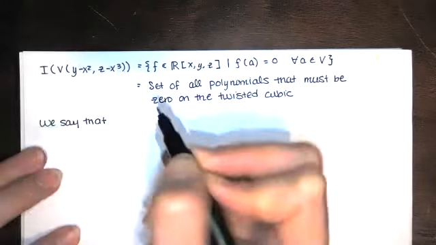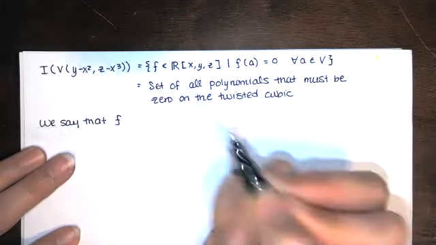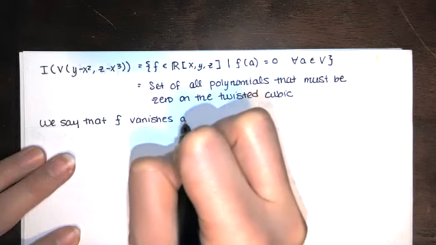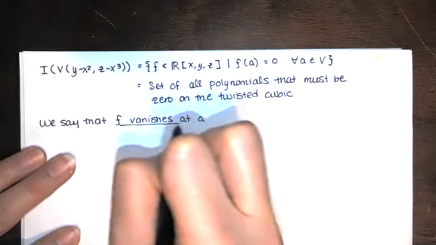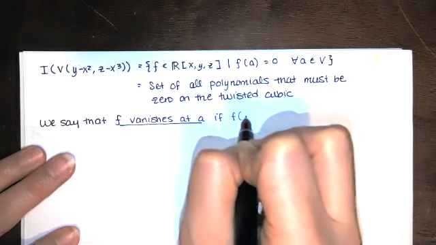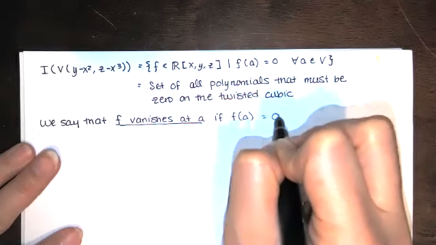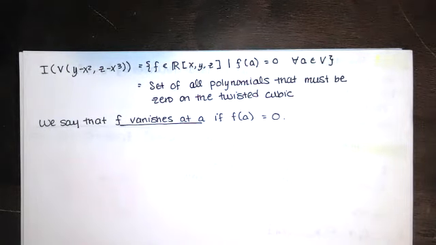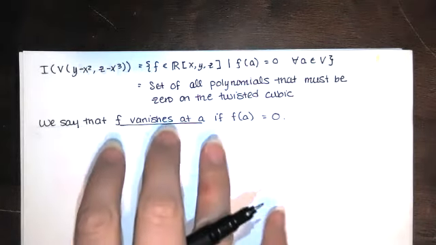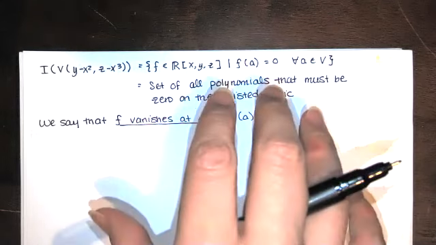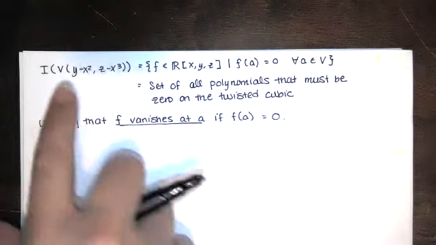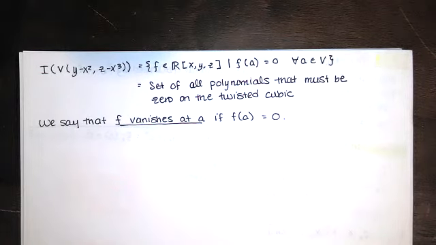Or we say that a function vanishes at that point if evaluating the function at that point gives you 0. So this ideal of the variety is the set of all polynomials that vanish on the points of that twisted cubic for this particular example.